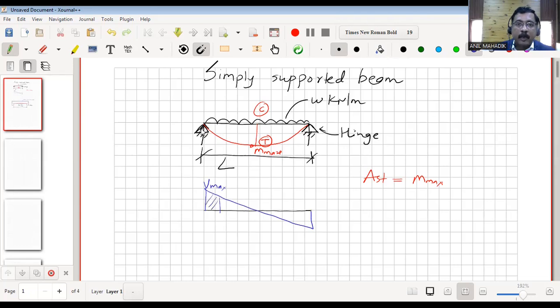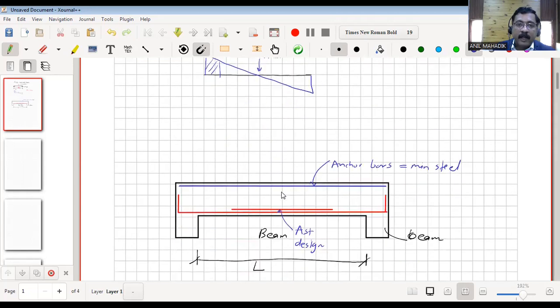You know that at the support we have more reaction, so shear force is maximum at the support. And at the center, the shear force is zero or the values are less. So Vmin near the center. That's why, whenever we design the stirrups, we get more steel at the supports and less at the midspan.